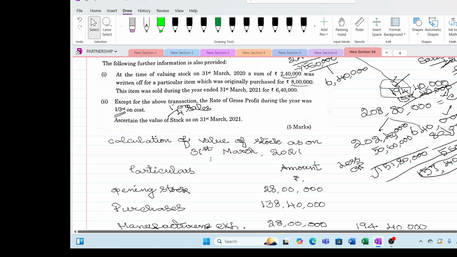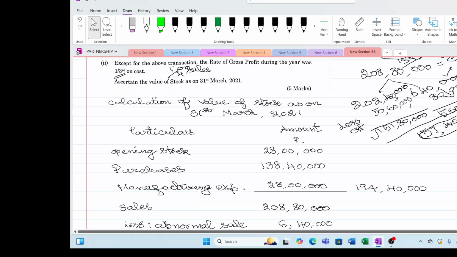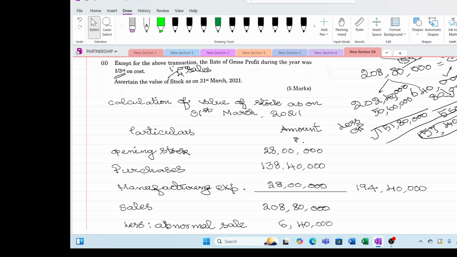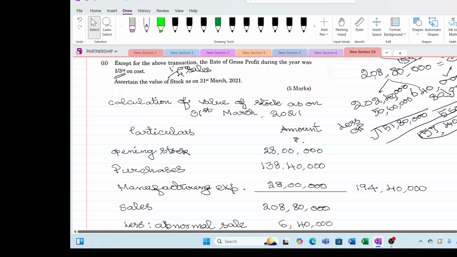Only in case of sales, all sales were not normal. Some sales were sold at a different margin, and all the other items were sold uniformly at a margin of 1 by 4 or 25%. So we only have to bifurcate the sales into normal and abnormal and find out the total cost of the goods sold out. What is remaining will be your value of closing stock.